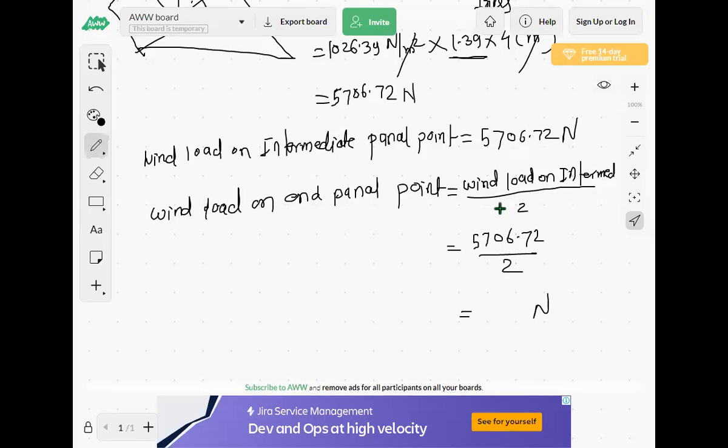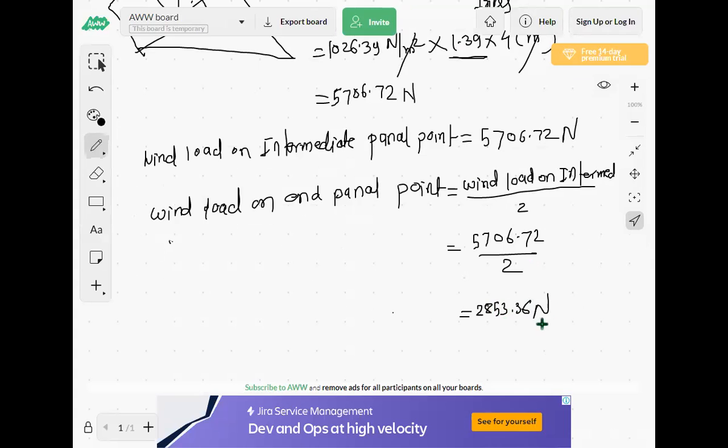Divided by 2. How much is this answer? 2853.36.